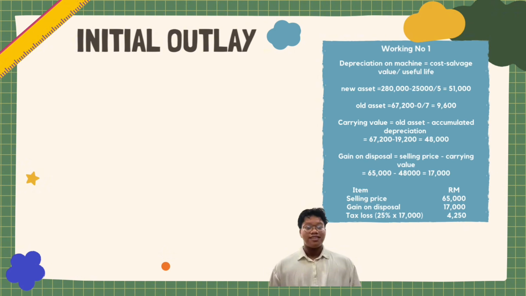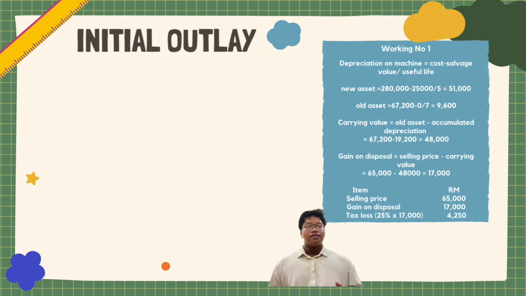Next, I will explain the calculation of the initial outlay. To get the initial outlay, first we need to find the depreciable cost. What is the depreciable cost? First, we need to add the cost of new machinery, which is 280,000. Next is installation cost, which is 7,500, modification cost 12,000, and also transportation and taxation, which is 6,500.